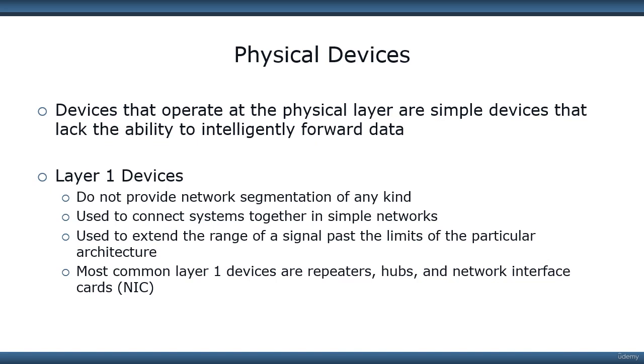In simple and especially small networks, layer 1 devices can be used to connect systems very easily and without issue. The issue really becomes that they don't provide any network segmentation. They don't segregate the bandwidth.